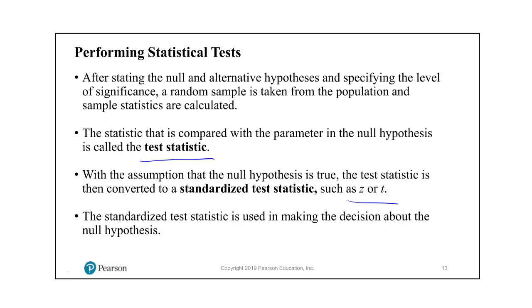And then we're going to use that to make the decision about the null hypothesis. Just like before, we're going to be deciding whether to use z or t based on certain information in the problem, and we're going to use that standardized test statistic to make our conclusions.